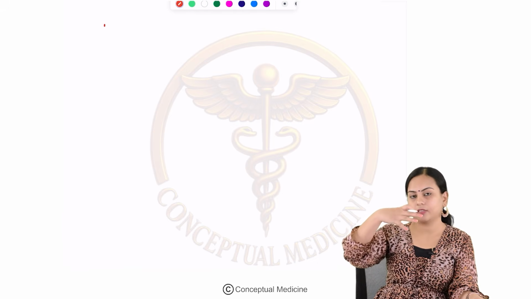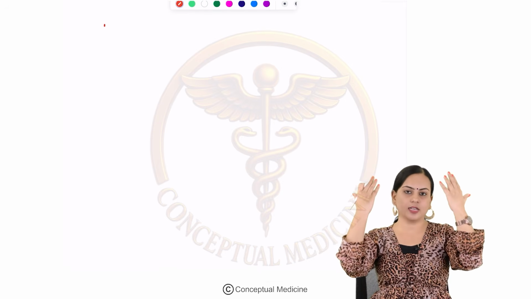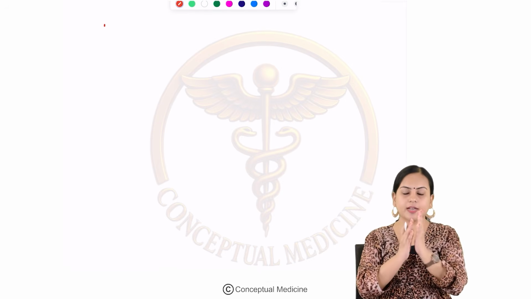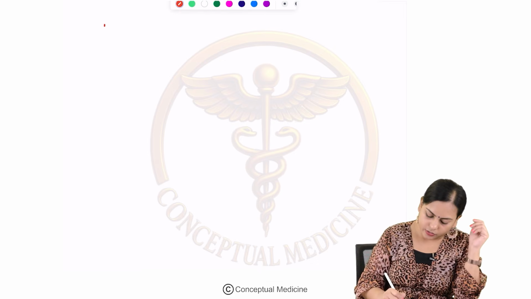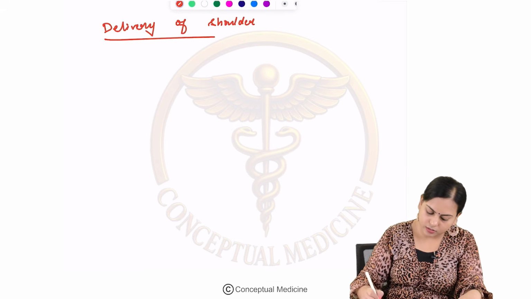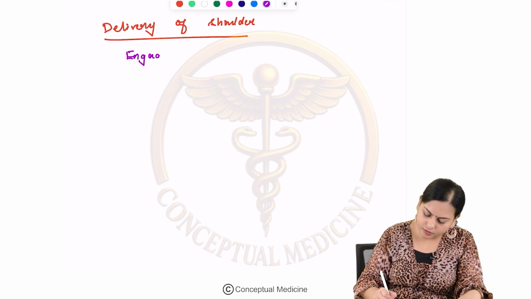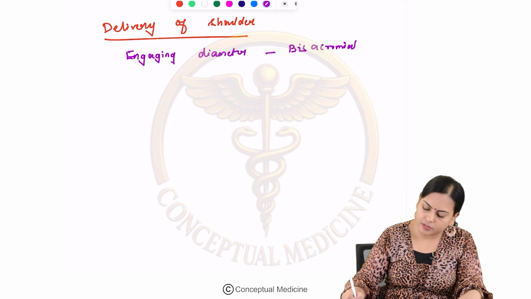Since after the buttocks are born, we have to deliver the shoulders. Then only we have to deliver the head. Can you imagine? It is just opposite to a normal delivery. Clear? So, delivery of shoulder. Here the engaging diameter is going to be bisacromial diameter, right?